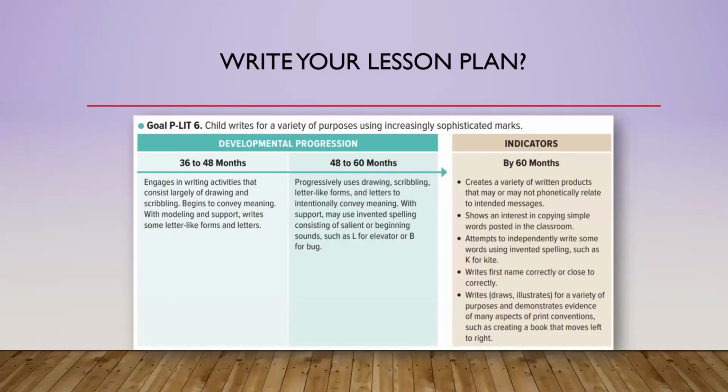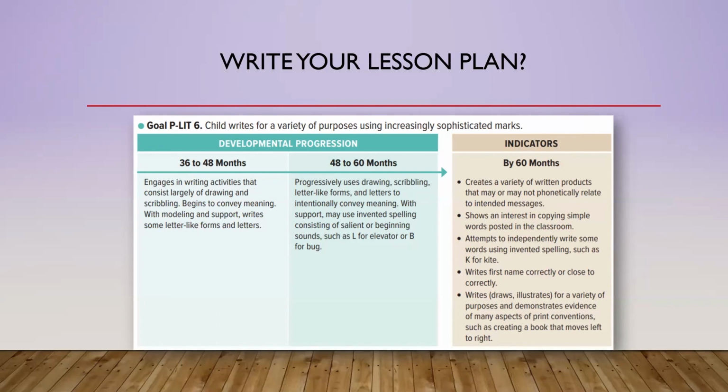Can the ELOF really help you to write your lesson plan? For sure. Let's say you need to add a literacy activity for the week. So you pop open the ELOF to the literacy section, and this goal on page 49 jumps out at you: child writes for a variety of purposes using increasingly sophisticated marks.